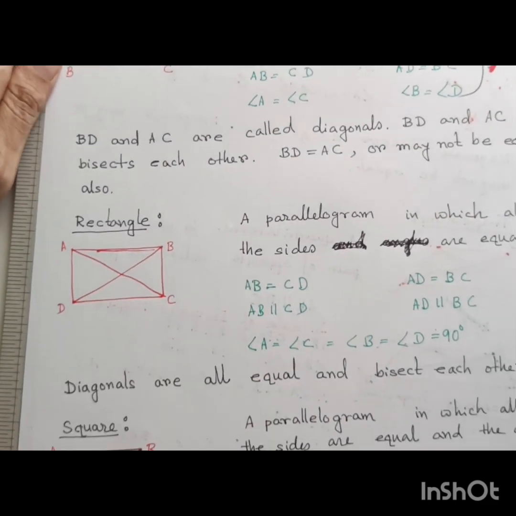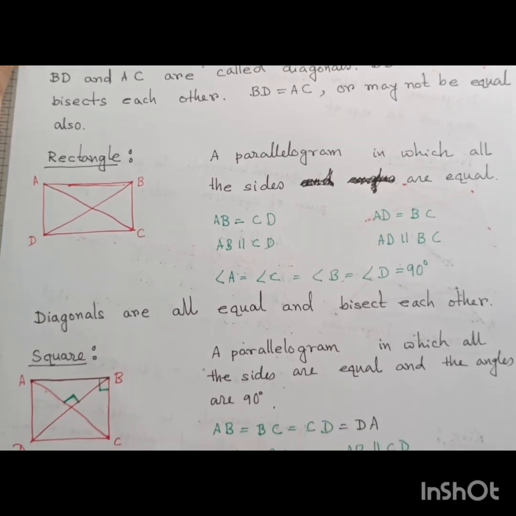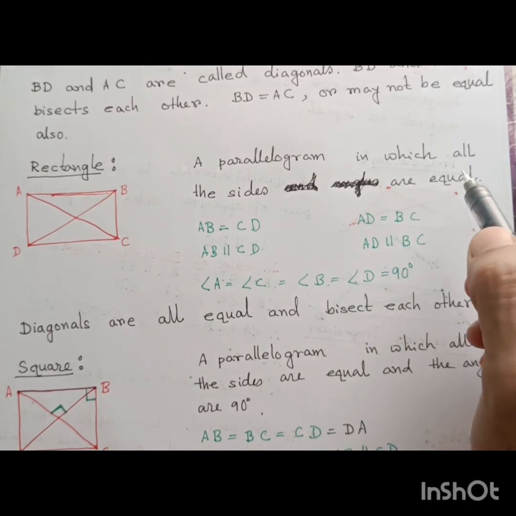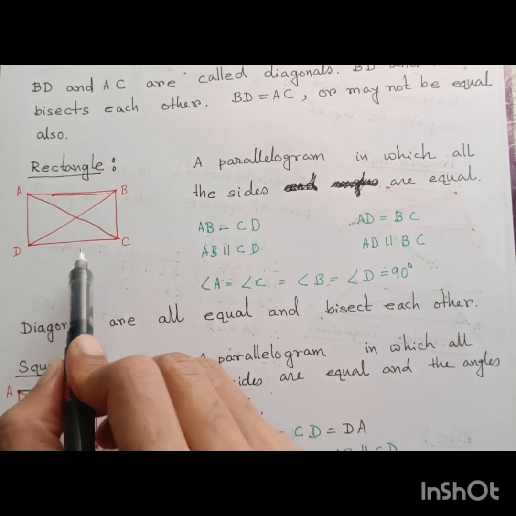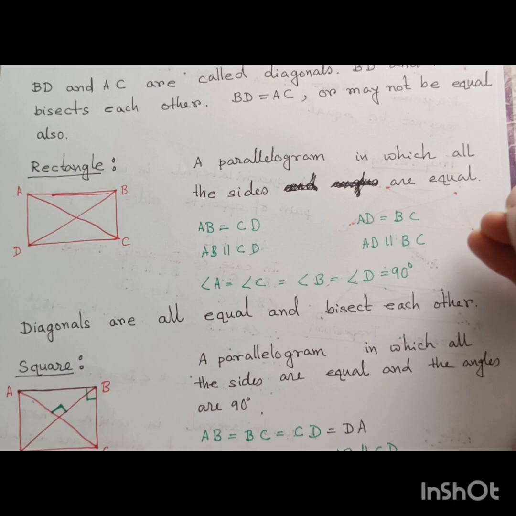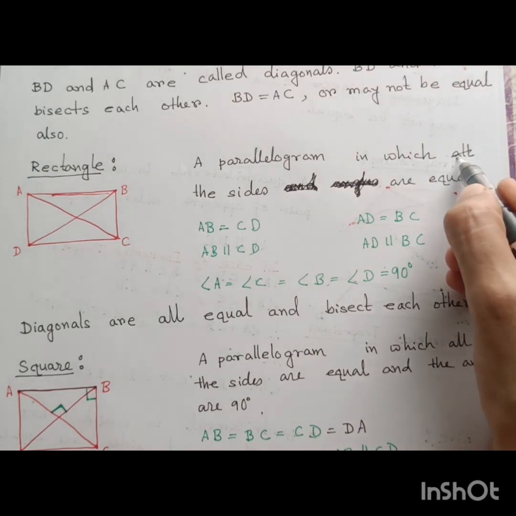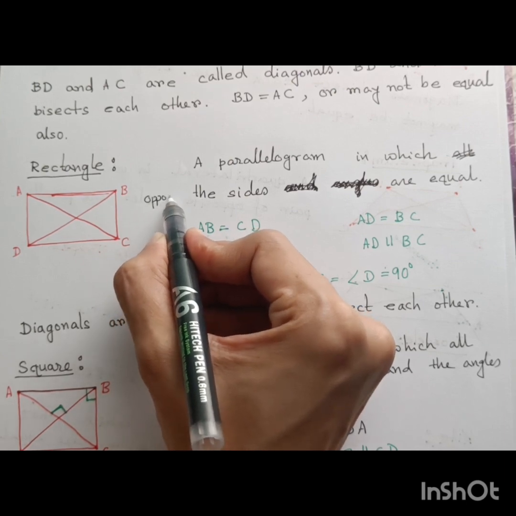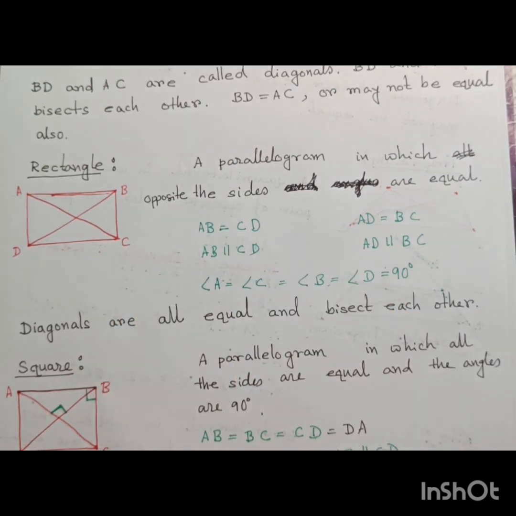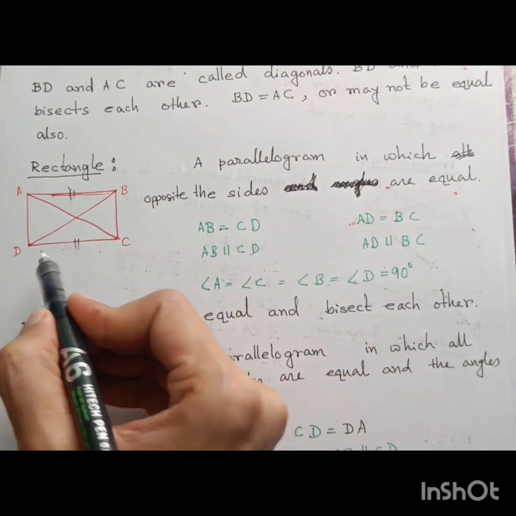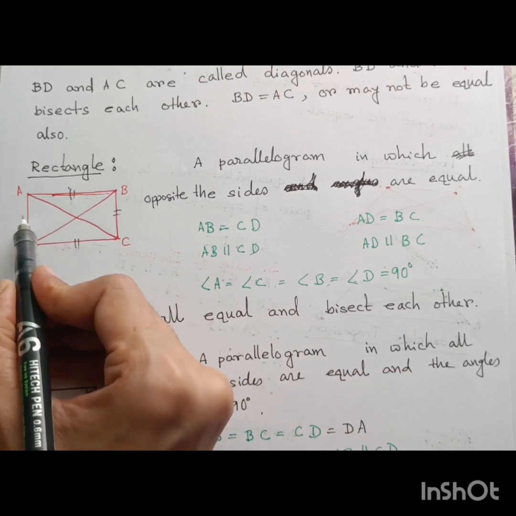Now rectangle. Rectangle is a special case of parallelogram. A parallelogram in which, not all sides, opposite sides are equal, that is AB equal to DC, BC equal to AD.